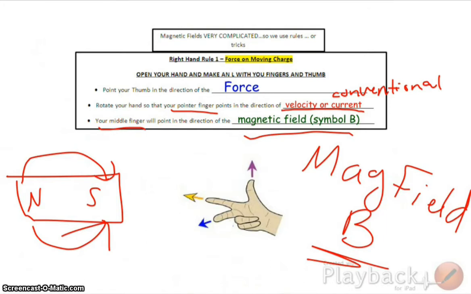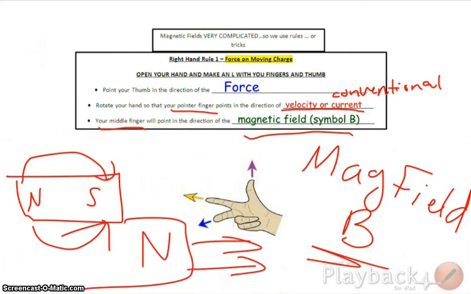So if I had a north pole of a magnet, and the lines were pointing out, the direction of the magnetic field would be in that direction. The symbol for magnetic field is B. That's our new symbol. We're going to be using it throughout this unit. I know it's not necessarily the easiest symbol to remember, but B is B.